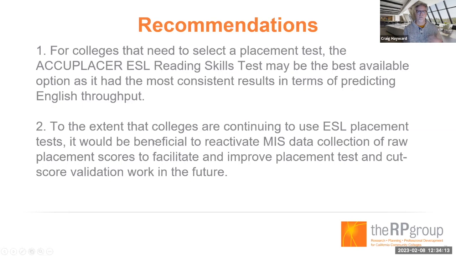Point 2 is, if we're all going to continue to use placement tests for placing international students and other English learners who do not have US high school data, then it would be beneficial to reactivate the MIS data collection of these raw placement scores so that we could do a better job as a system of pooling our data together and understanding which tests and which test score levels would be associated with placements that maximize the likelihood that students complete transfer level English composition, or the ESL equivalent.